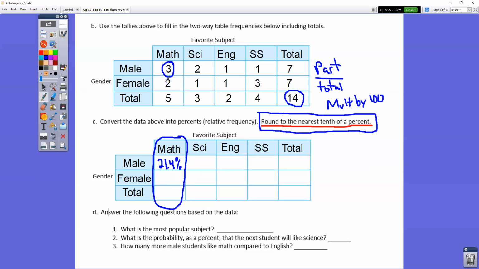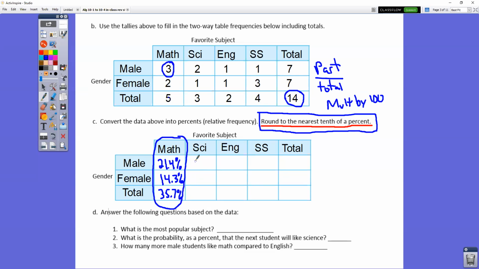When you do that, for this one, you get 21.4%. 2 over 14, 2 divided by 14, move your decimal point over 2 places, you get 14.3%. And for your total, you would do 5 over 14, which is 35.7%.